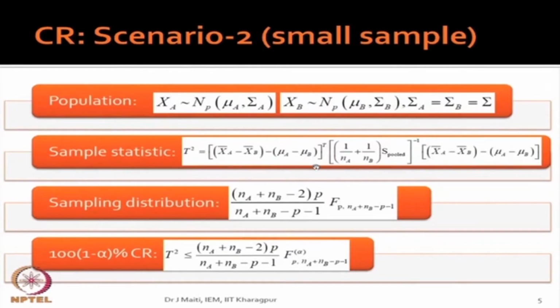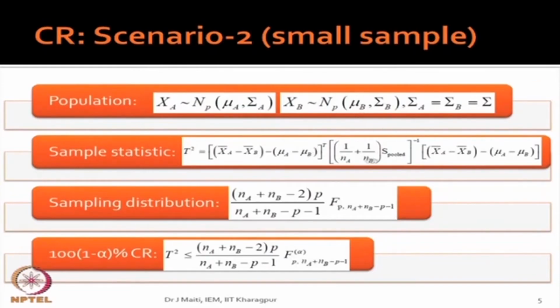In the single population case, you used the formula for T square with x bar minus mu transpose. Now you are no longer using x bar, you are using the difference between two population mean vectors. So X_A bar minus X_B bar is analogous to x bar minus mean, and then its transpose.